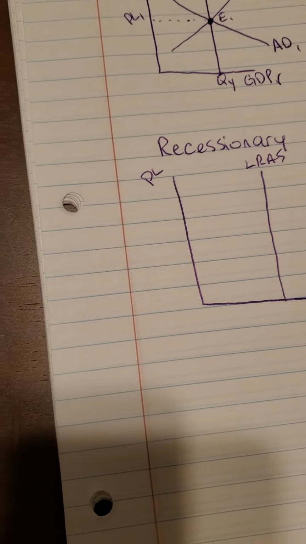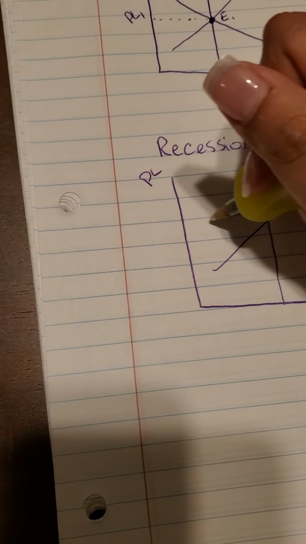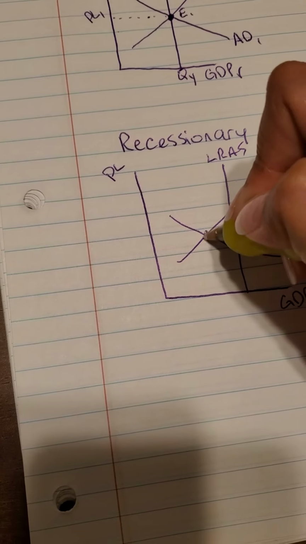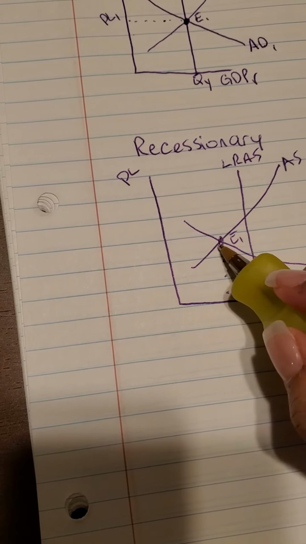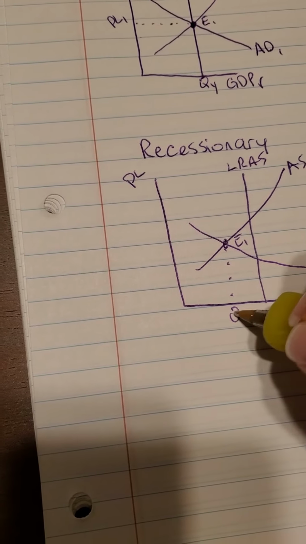Long run aggregate supply. Aggregate supply to the sky, 1. Aggregate demand to the land, 2. We have E1. Again, our equilibrium will be to the left of the LRAS.